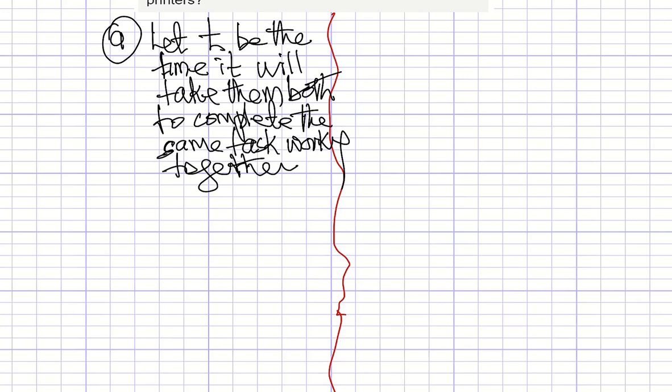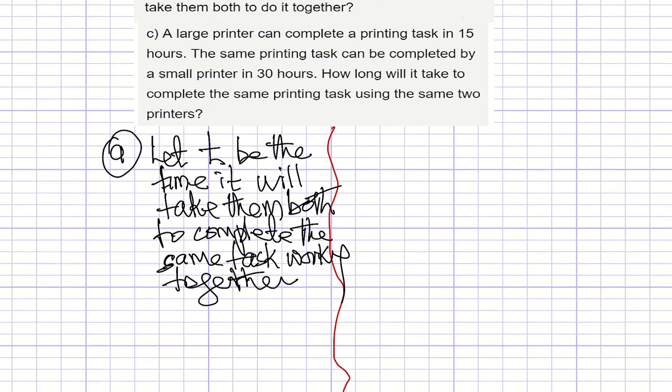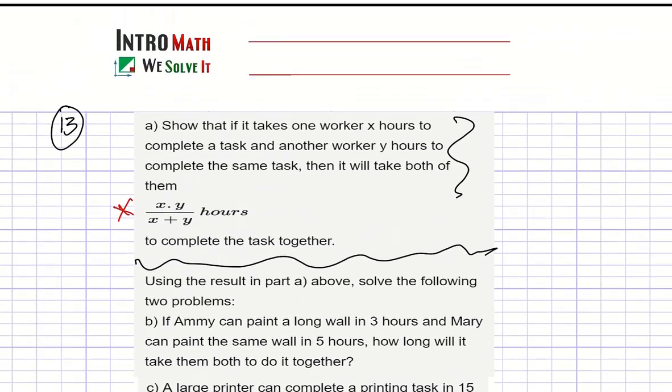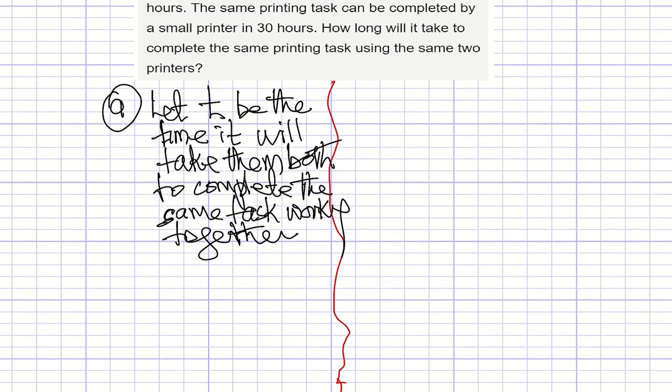If that is the time it will take them working together, and it takes the first person X hours to complete, it takes the second person Y hours to complete, okay?